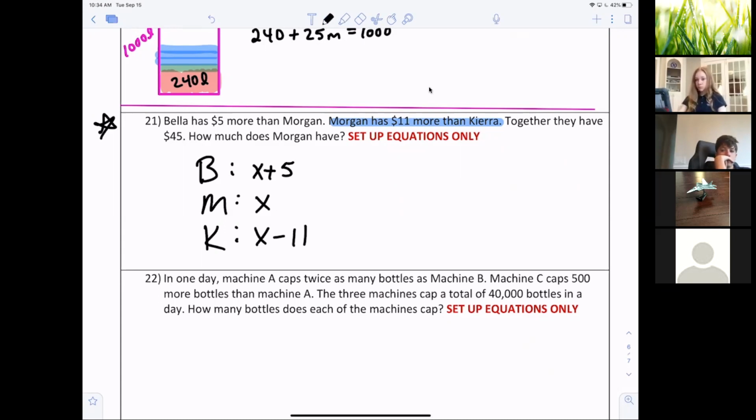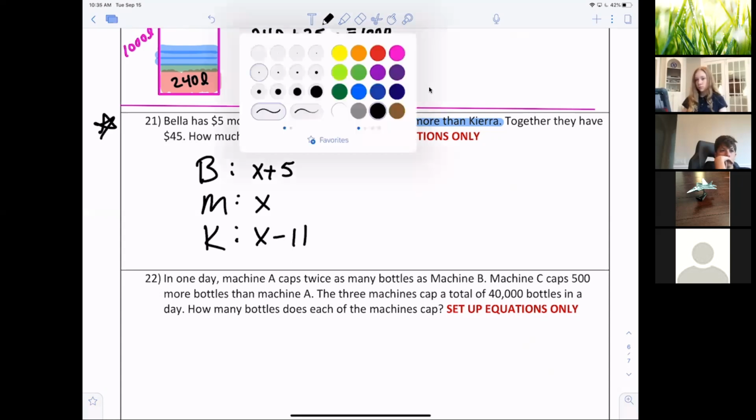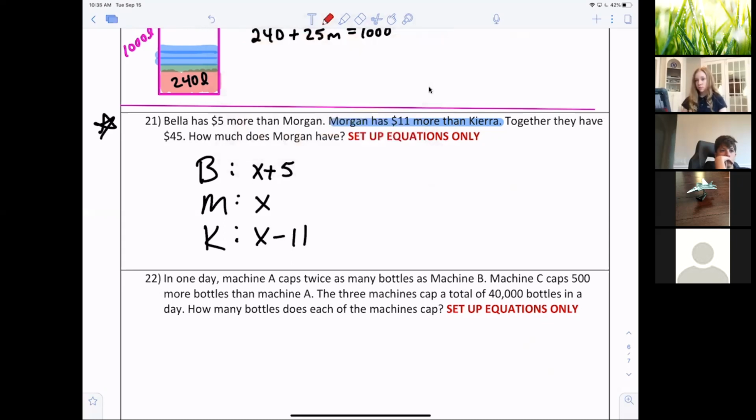That's how I'm hoping you're looking at it. That's the literal translation, but that's not the only translation, because I walked around the room and some of you figured it out. I was happy with that also. That doesn't have to be it. We can also say what? Now, I would prefer that you tell me what's X first. So we're going to start here with X, then M would be X plus 11, and then B would be X plus 11 plus 5.